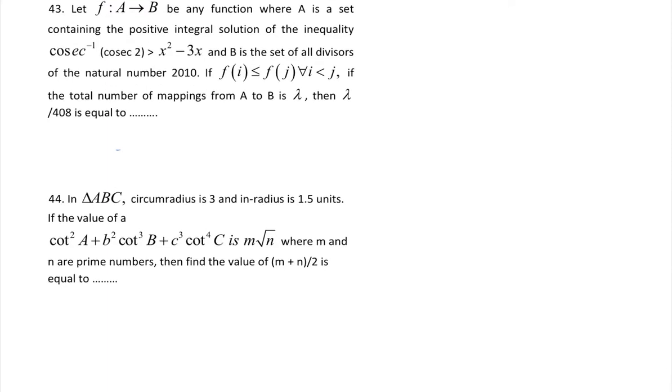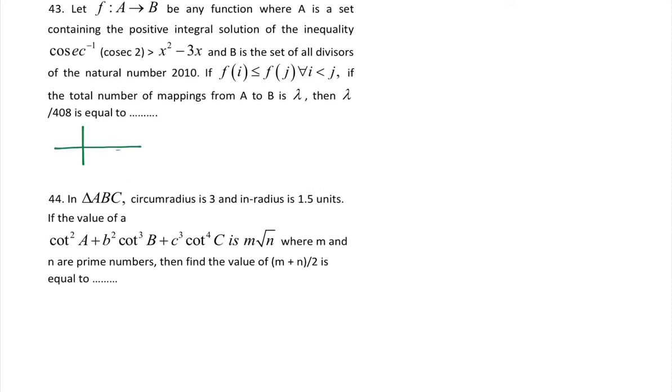Okay, so we know the value of cosec inverse cosec 2 by using the graph of cosec inverse cosec x. Let us consider the graph of cosec inverse cosec x first, which is like this.